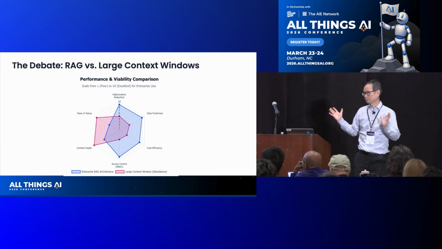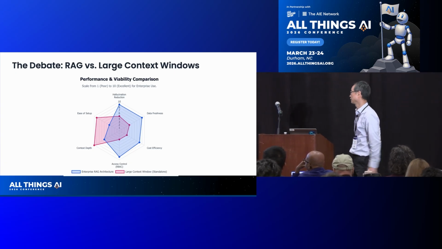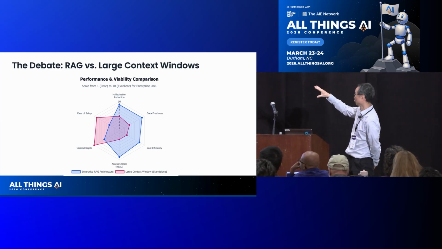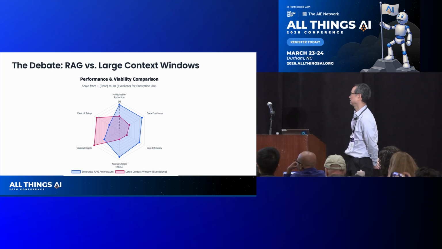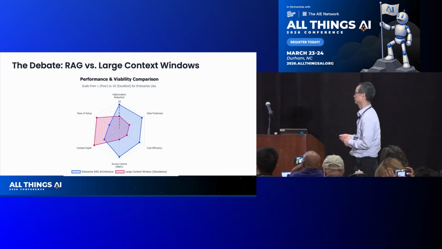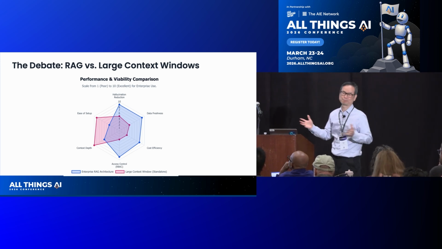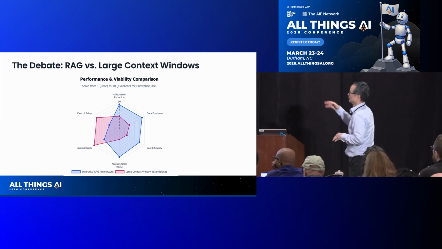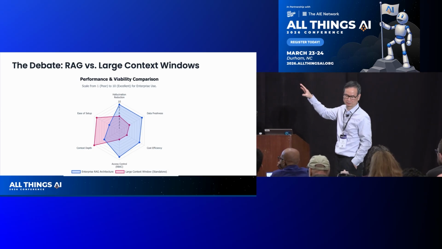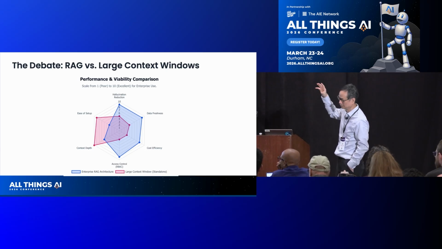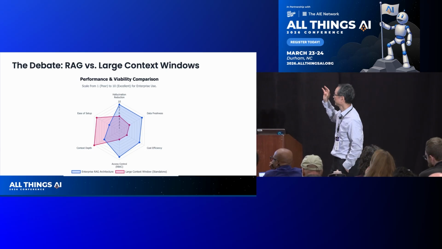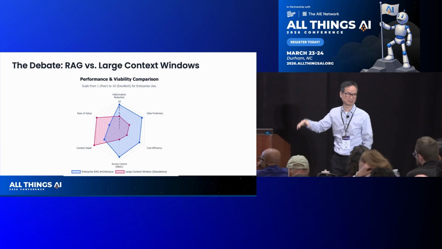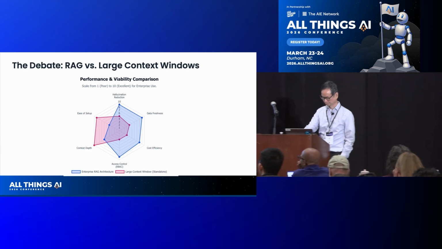So if we compare RAG versus a large context window in this radar chart, a large context window really excels in terms of ease of use, right? There is no infrastructure setup, and in context depth, it can consume a lot of information. But RAG does much better compared to the large context window in terms of reducing hallucination, having the latest data available, cost, and having access control.